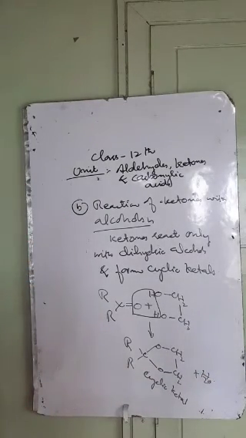These are some of the important reactions of aldehydes and the ketones with nucleophiles, and the category of the reaction is called the nucleophilic addition reactions. So in the nucleophilic addition reactions of the aldehydes and the ketones, we have the following four important types of reactions. Number first was the reaction with sodium bisulfite, where sodium bisulfite addition product is formed.